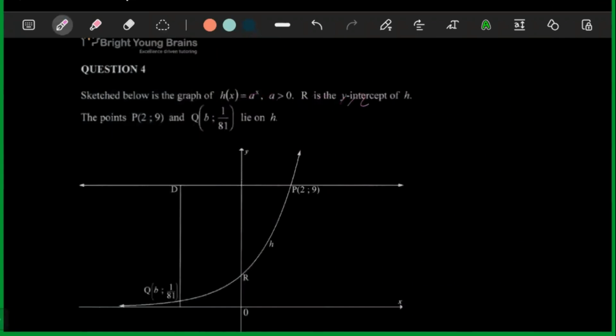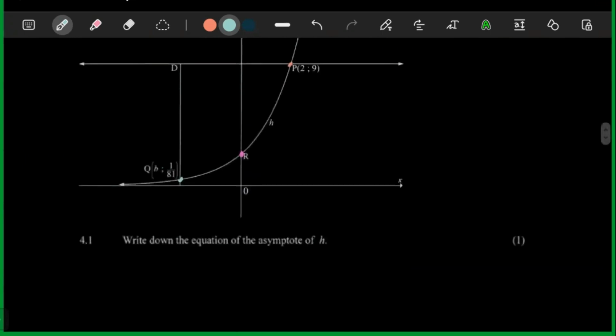Then they said r is the y-intercept, p is this point, q is this point, and these are points that lie on h, which is the graph.